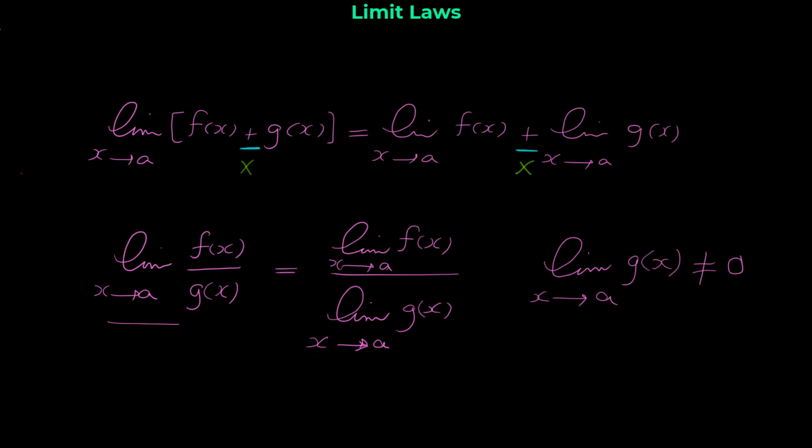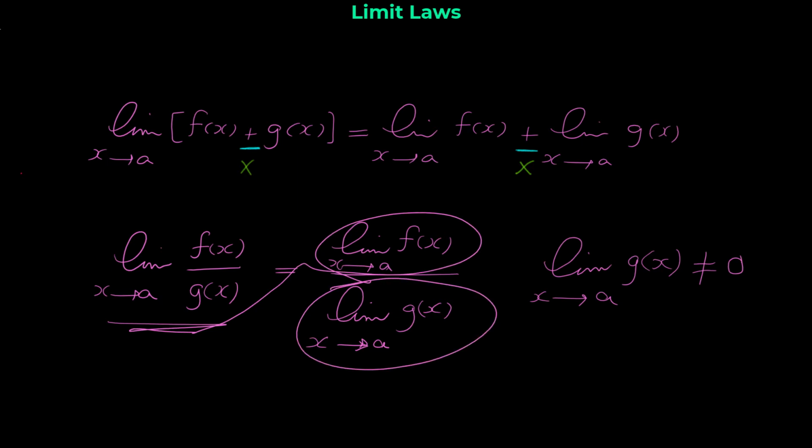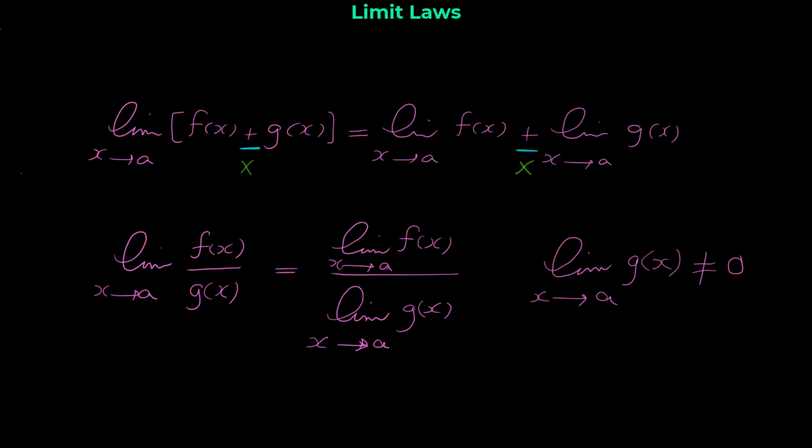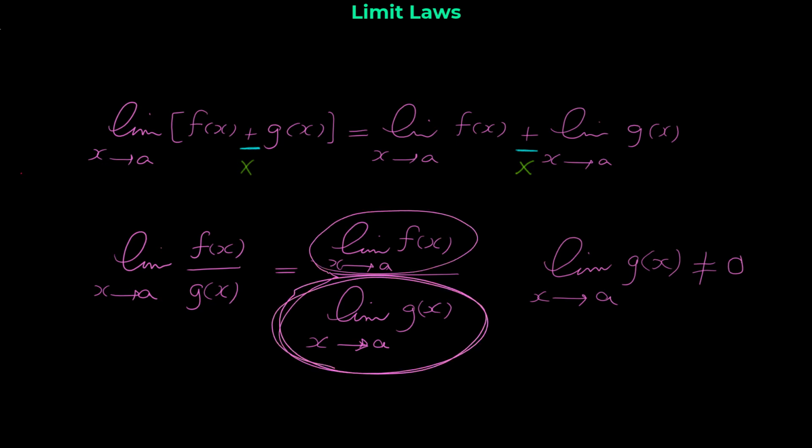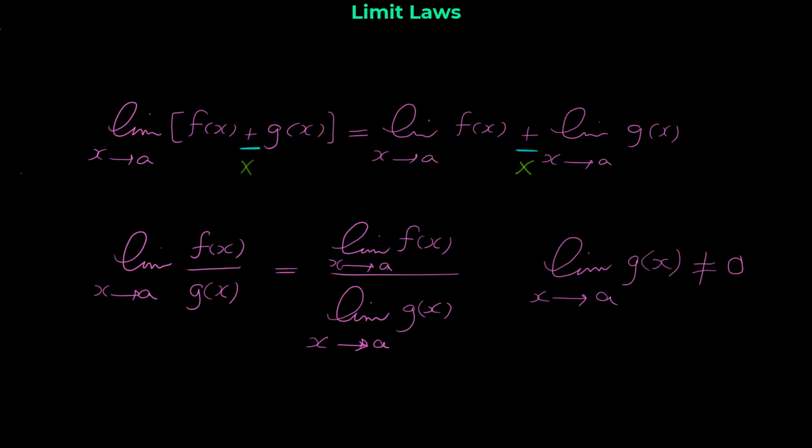Then we can write this limit as limit of the top over limit of the bottom. And of course, like the previous laws, this limit should exist and this limit should exist, but the limit of the bottom should exist and not equal 0. So these are the important limit laws.